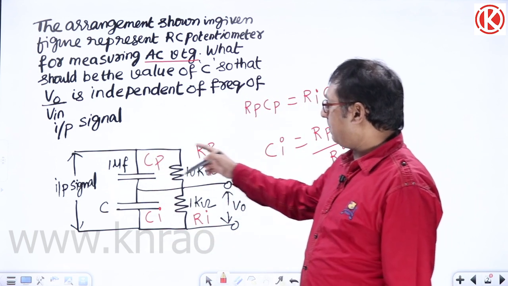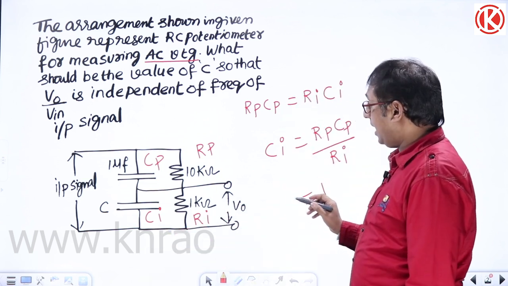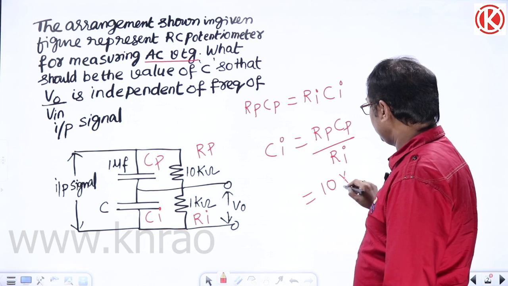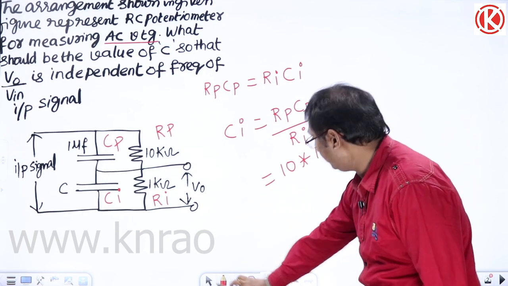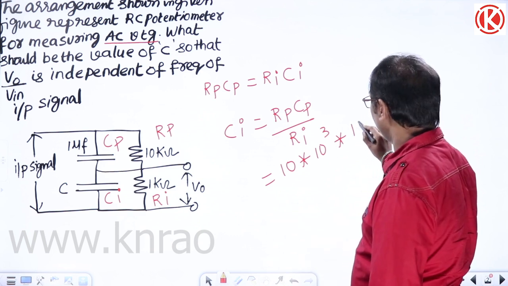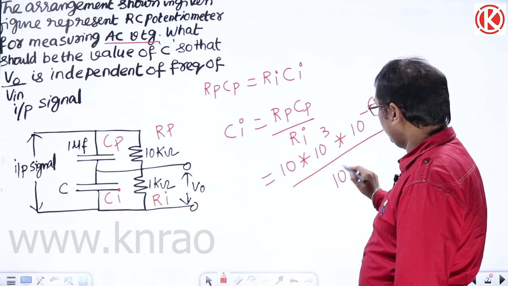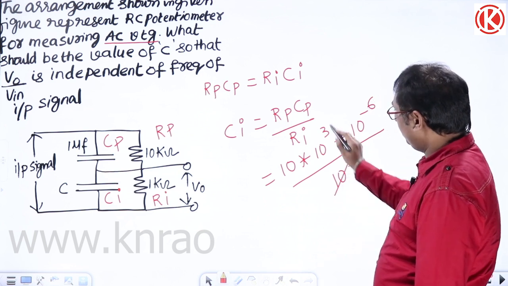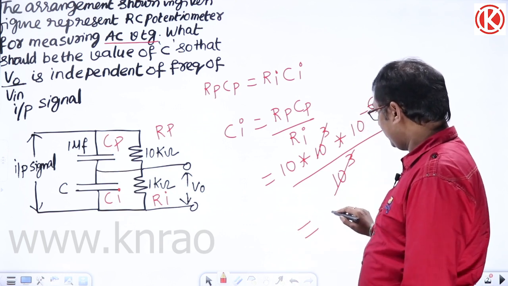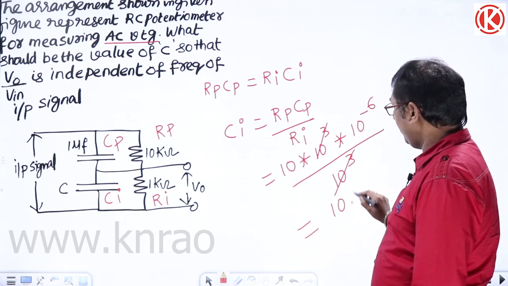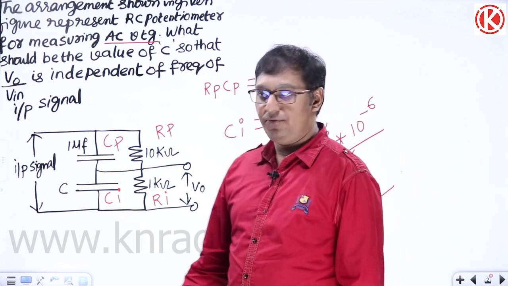RP CP product should equal RI CI, and your RP value is 10 kilo ohms, 10 into 10 power 3, into CP value 1 microfarad, 10 power minus 6, by RI 1 kilo ohm, 10 power 3. Both get cancelled. 10 into 10 power minus 6, we can say 10 microfarads. This value should be 10 microfarads.